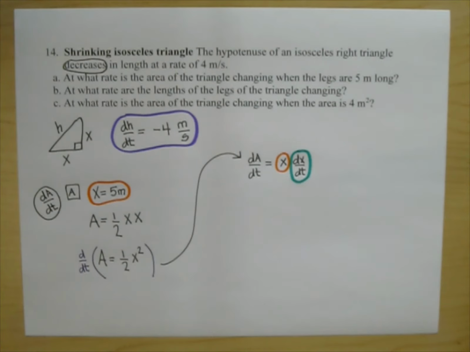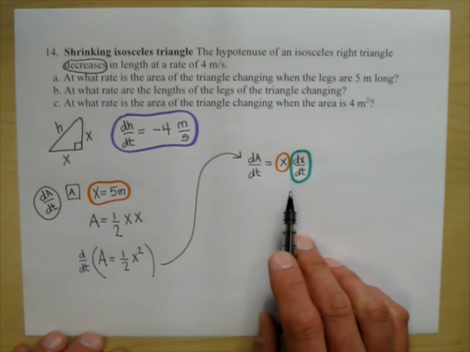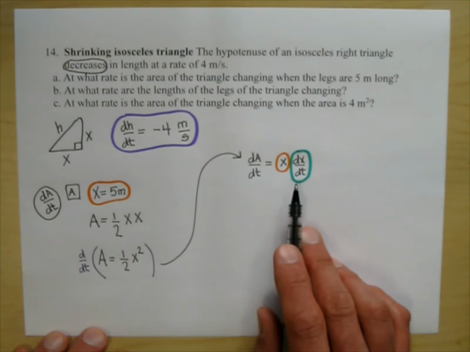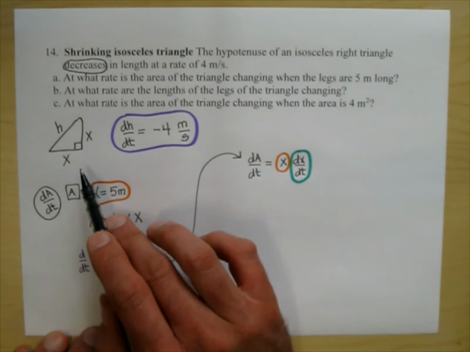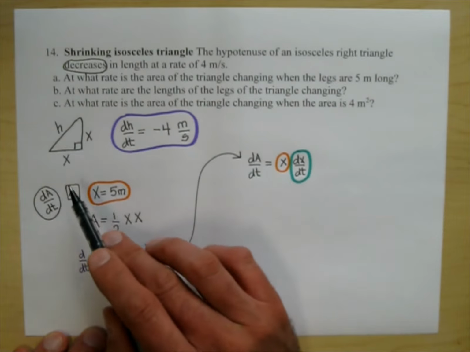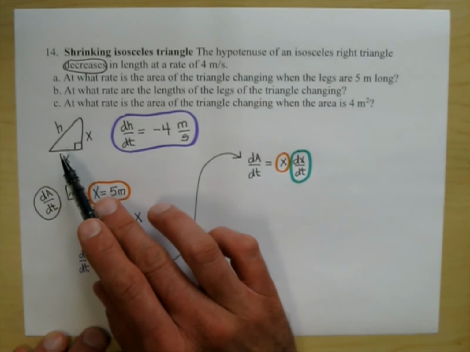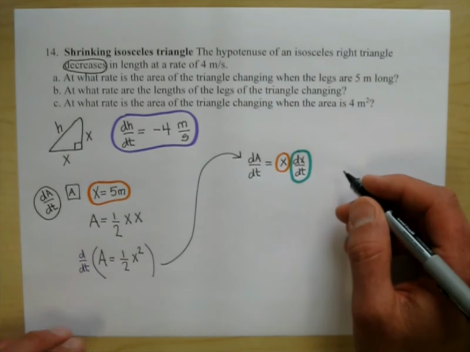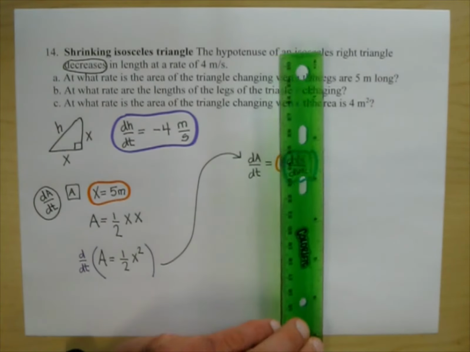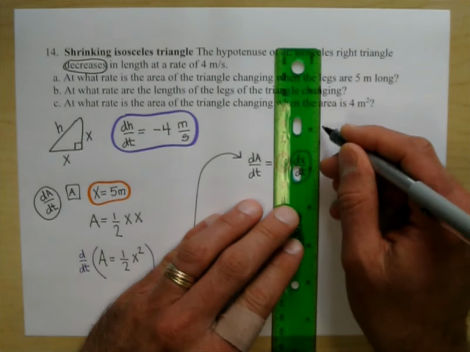Okay, so is there a formula that I can come up with that has x's in it and maybe something else, or maybe x's and h's? And the answer is yes, it's the Pythagorean theorem. So over on this side of the line, I'll take it over here.